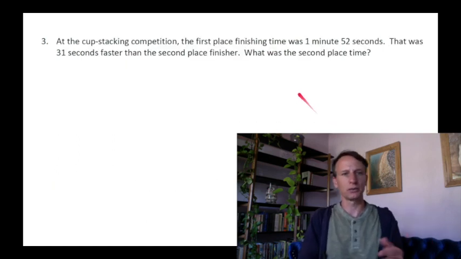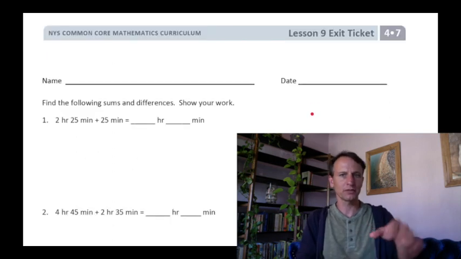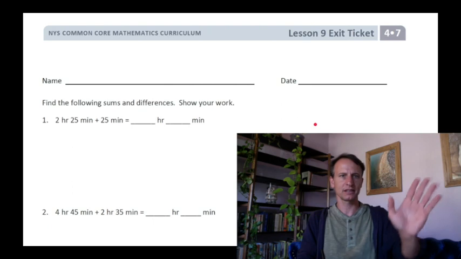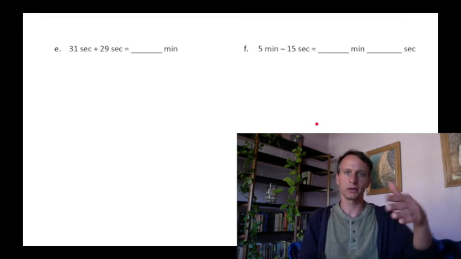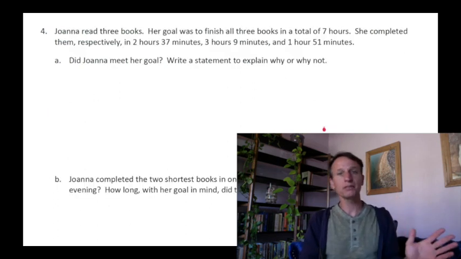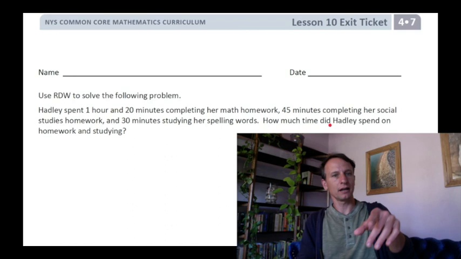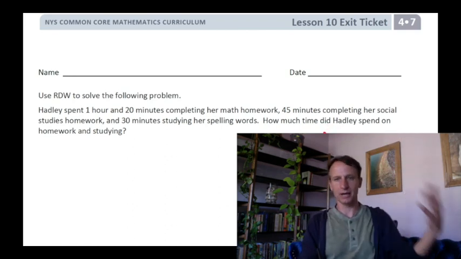You have a couple, I'm not going to go into any detail, we have a couple of word problems there for lesson 9. Exit ticket, more of the same but less. Homework, go to the homework time video, and I will do every single one of those with you, one by one, I promise. All right? And then lesson 10, the 3 problems we just did were the problem set.